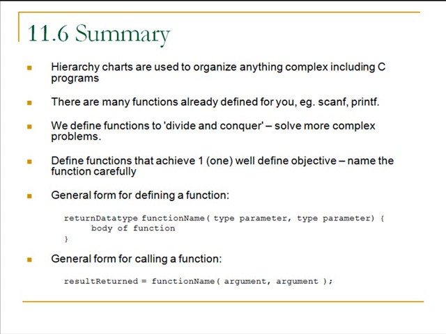And the function call itself evaluates to whatever that function returned. And you can use that value, for example, in an assignment statement. And that's the most common form that you'll see it. So in the general form I'm showing here, we have returned result gets function name and pass in the arguments.